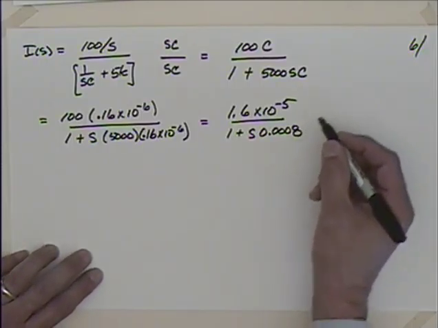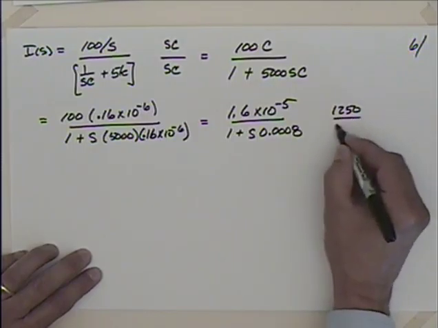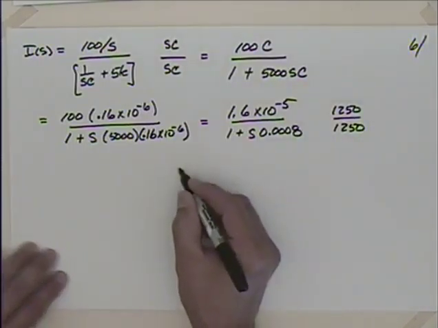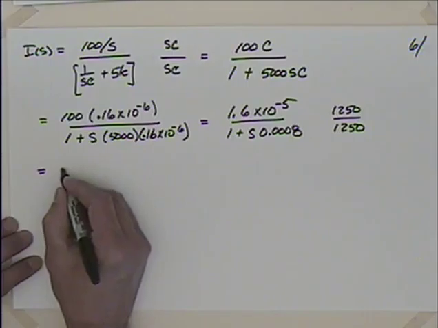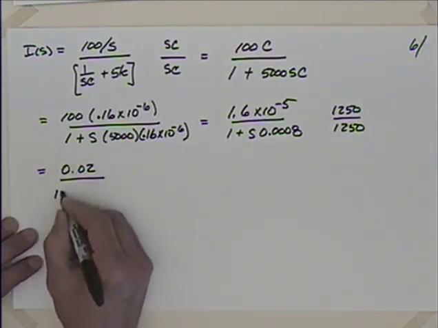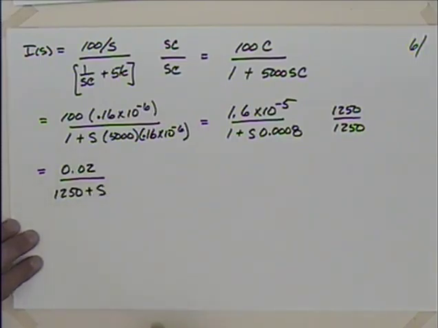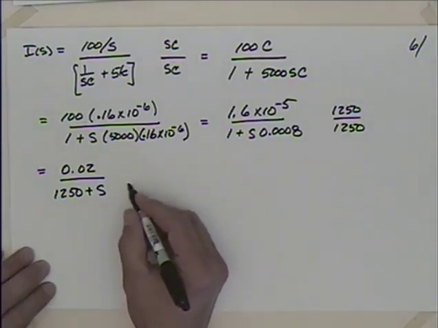And I think I can clean this thing up a little bit if I multiply top and bottom by 1250. When I do that, I come up with something I like a little better, 0.02 over 1250 plus S. Well, I recognize that. That's easy, and of course it's not a complex answer.